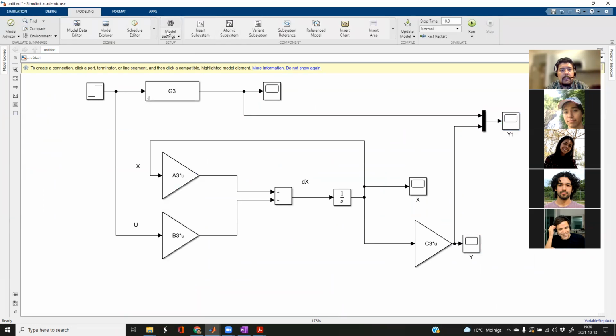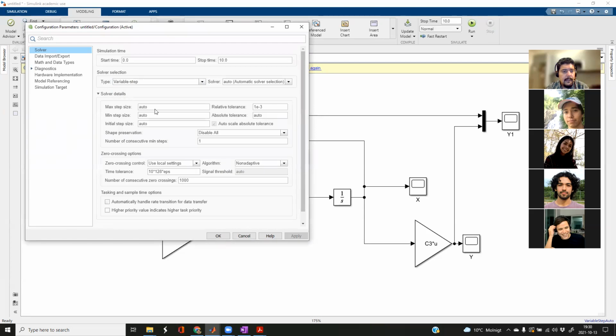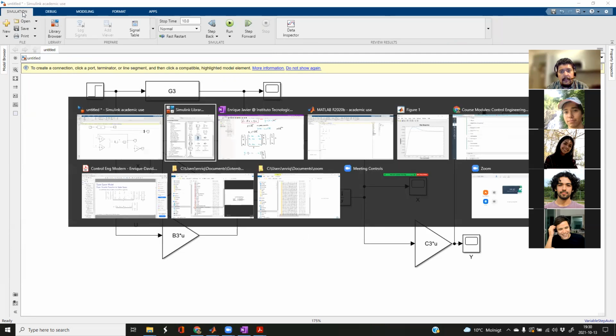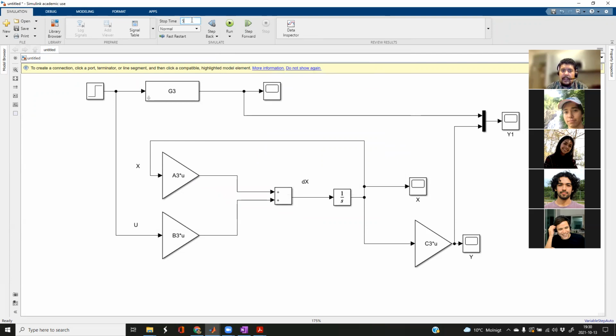As always, I will improve the simulation by making a really small step size. And then I can run. See, in 5 time units, we are completely in steady state, so I will just simulate 6 time units.